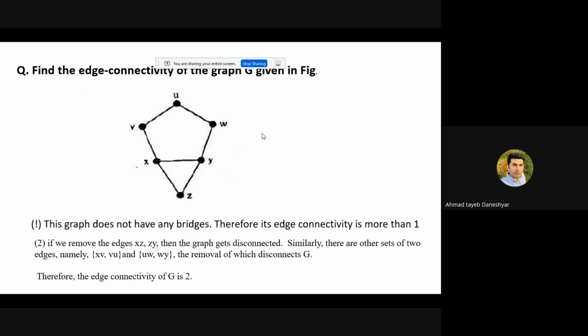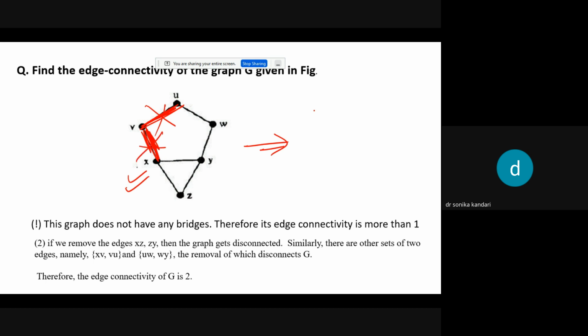Fine. Now see this diagram. This is a graph. How can you make disconnected components? What can you do? We can eliminate XV and VU.